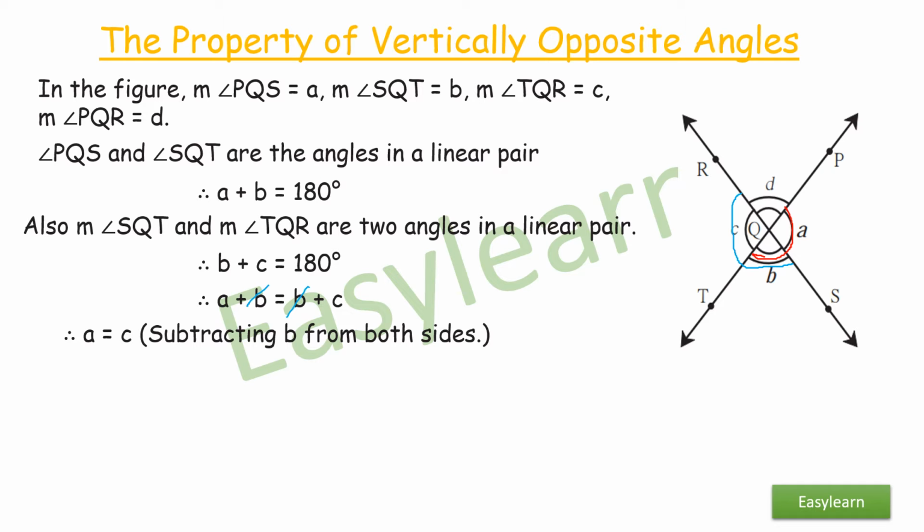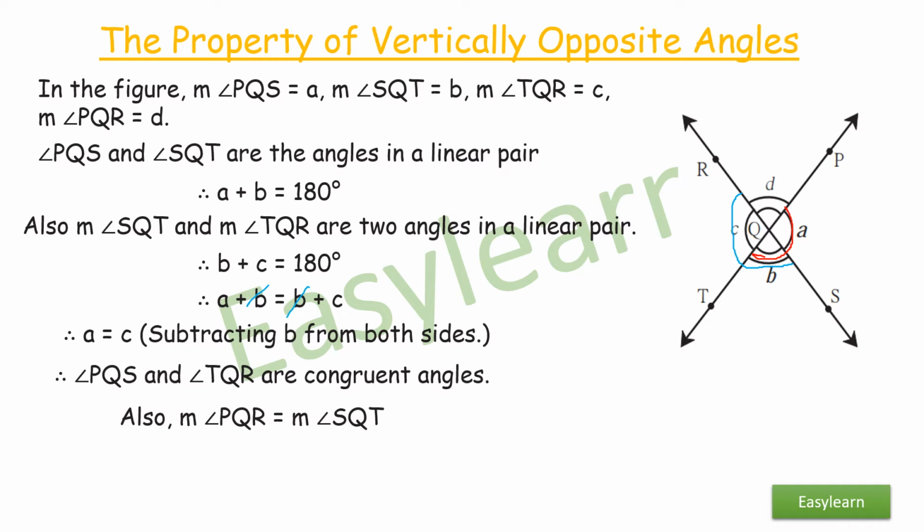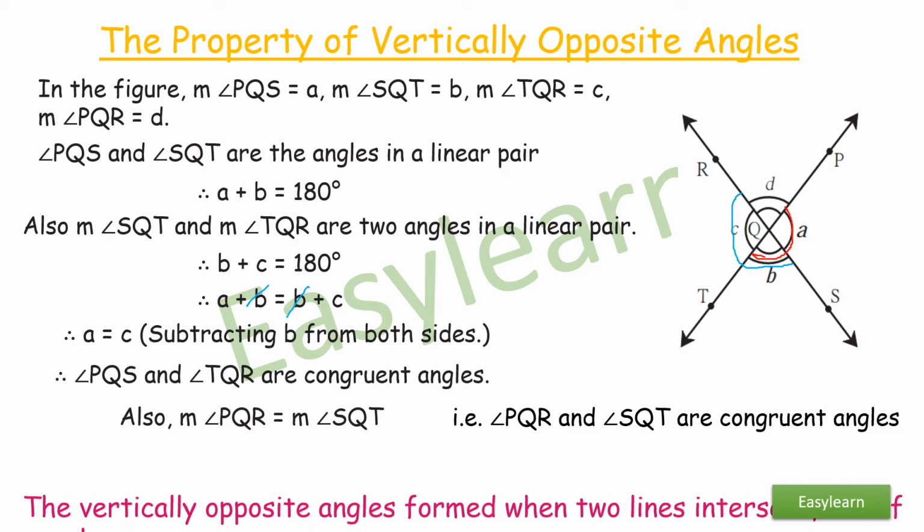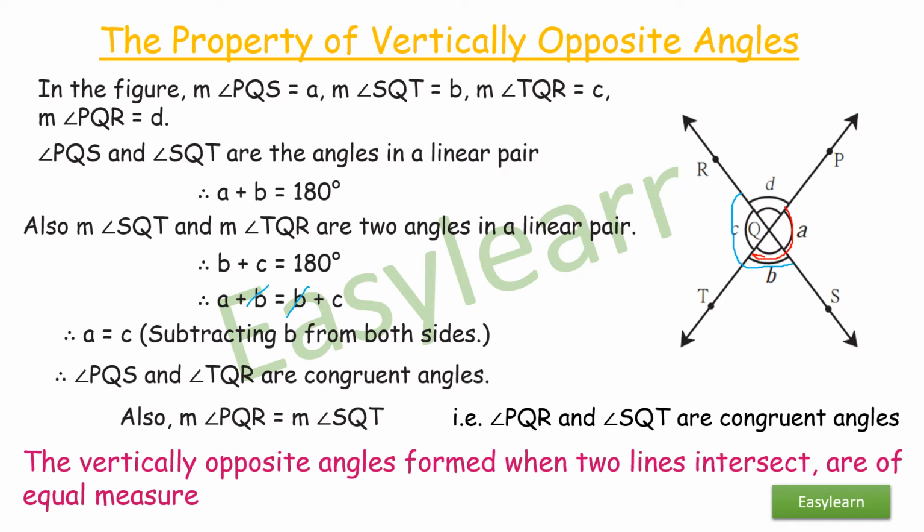So we have A is equal to C. That is, A is measure angle PQS and C is measure angle TQR. Therefore, they are congruent angles. And also measure angle PQR is equal to measure angle SQT. Thus, measure angle PQR and SQT are congruent angles. The vertically opposite angles formed when two lines intersect are of equal measures.